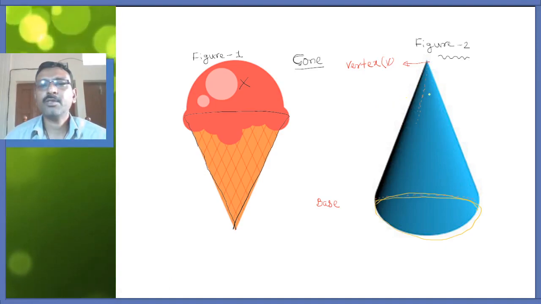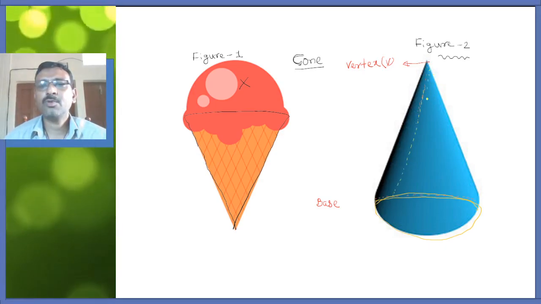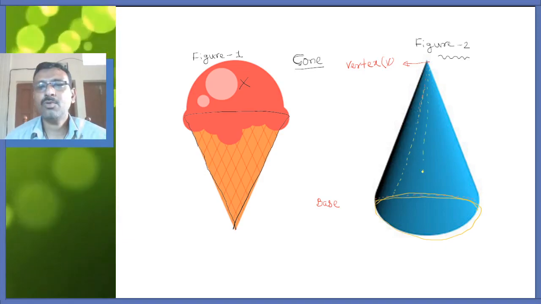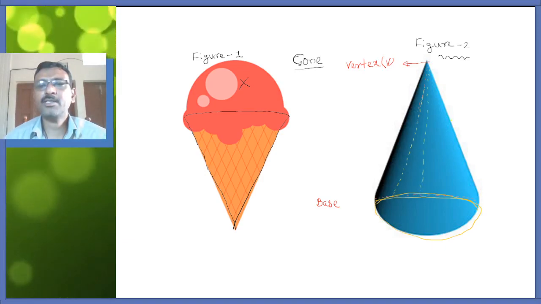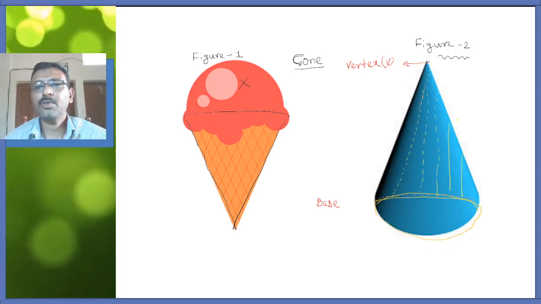I am drawing some lines through the vertex and reaching the base curve. These are the lines.